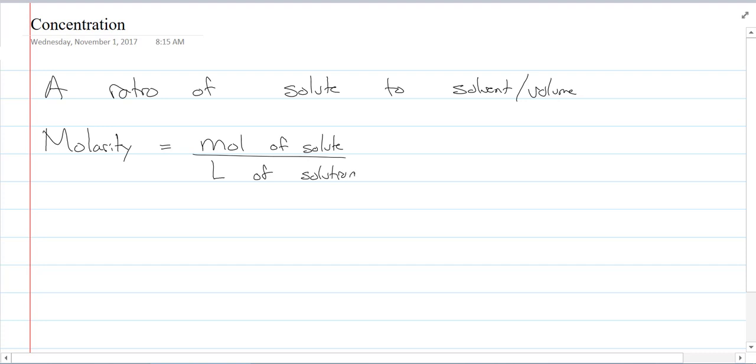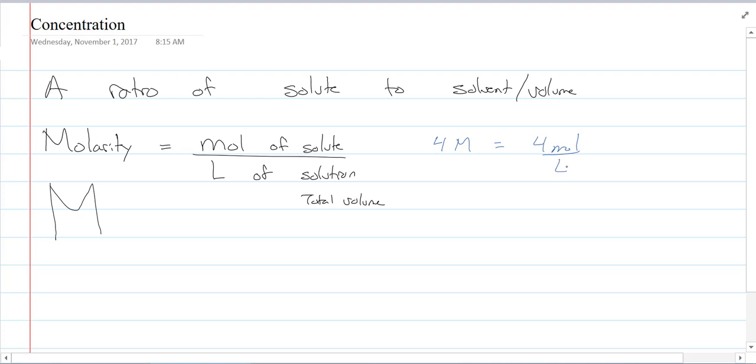And that's a total volume. We will abbreviate it with a capital M. Okay, it's a ratio of solute to volume. So you'll see it a lot of times just written as 4M, which equals 4 moles per liter.